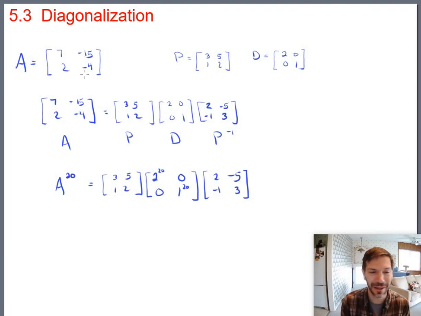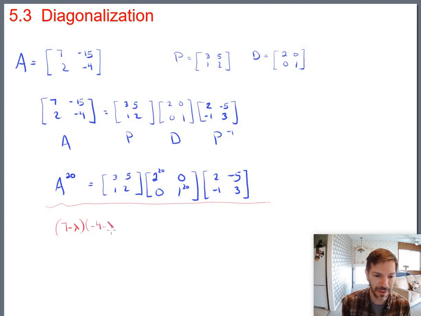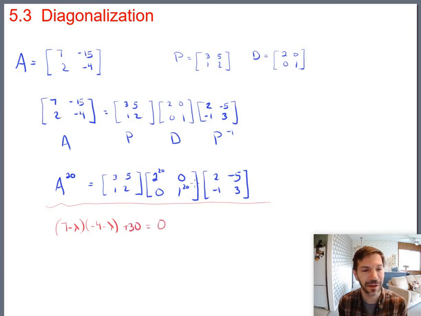You do A minus lambda I. I'm just going to jump straight to the characteristic equation: 7 minus lambda, negative 4 minus lambda, minus negative 30, so plus 30, equals 0. There's the characteristic equation that would find our eigenvalues.